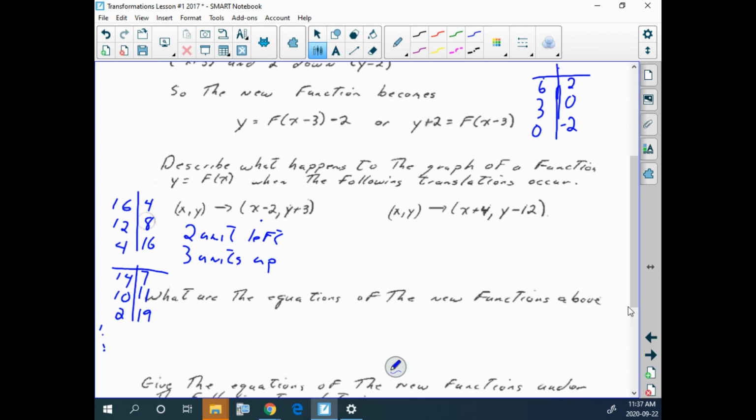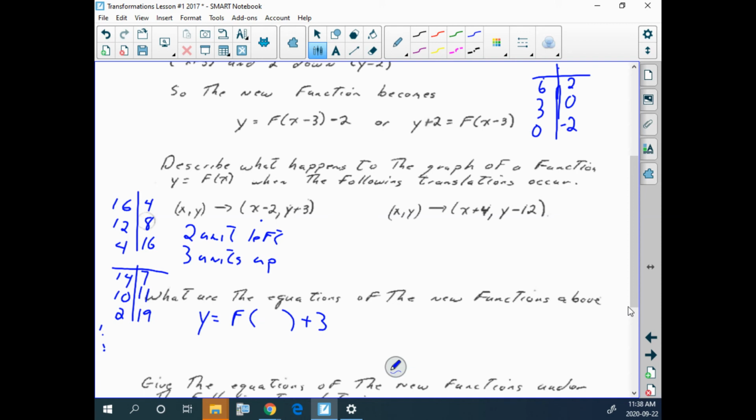Now, once we have that understanding, this is what we did to our graph. Now we have to say, what do I do to the equation of my graph to get those things to happen? This is fairly simple. I moved it up 3. I'm going to add 3 to my function afterwards.